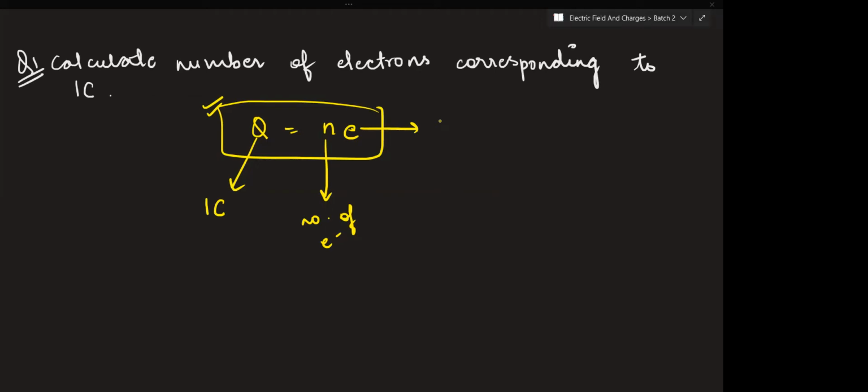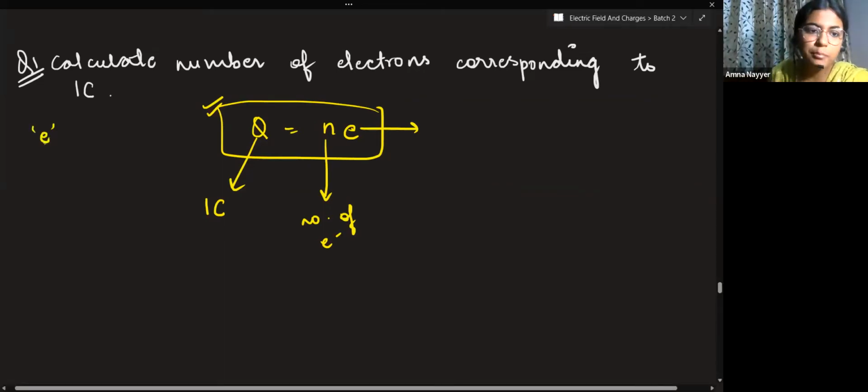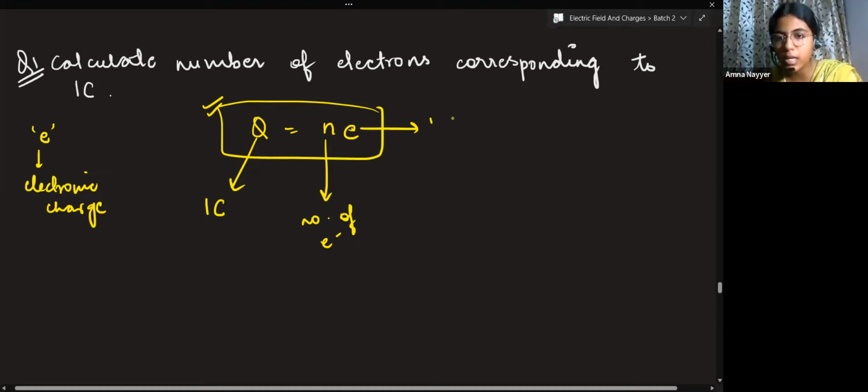Correct. 1.6 into 10 to the power minus 19. See, this is the electronic charge. This symbol e represents the electronic charge. Electronic charge means the minimum charge present in a single electron. One electron has 1.6 into 10 to the power minus 19 coulombs.